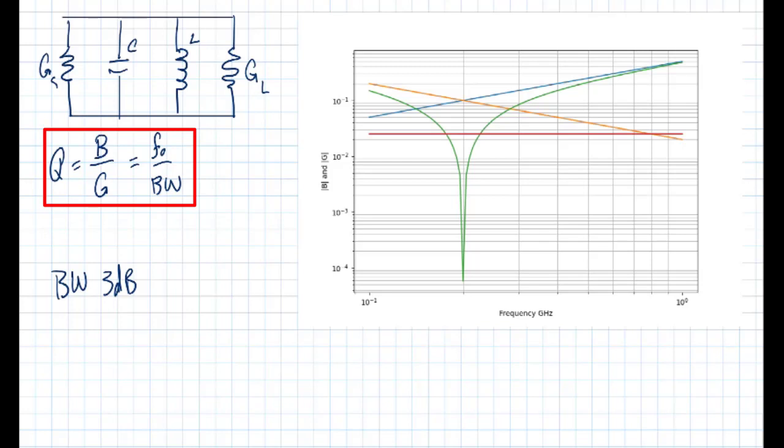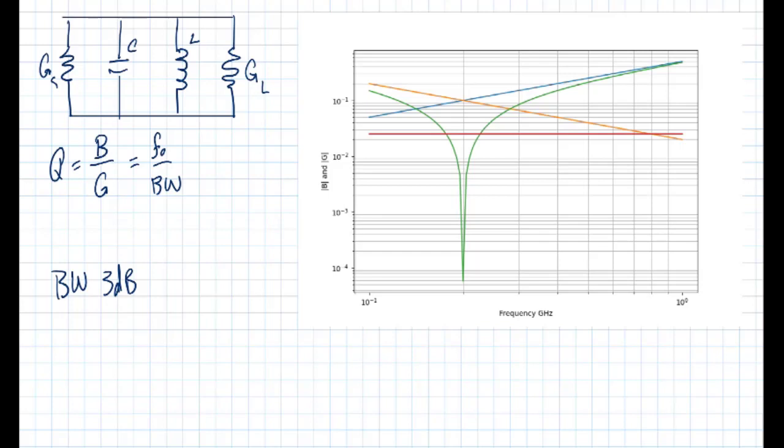Quite often it's referred to that the Q, of course, is the relationship of the stored energy to the dissipated energy within a circuit. But also an important relationship is that the Q is related to the bandwidth that a circuit will have, namely the ratio of the center frequency or the resonant frequency of the circuit and the bandwidth.